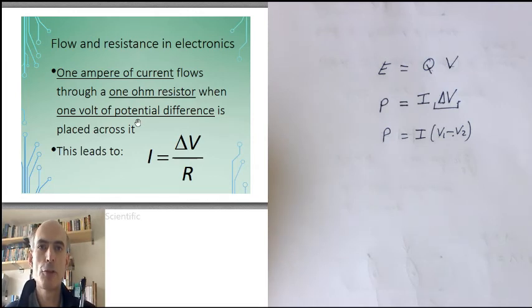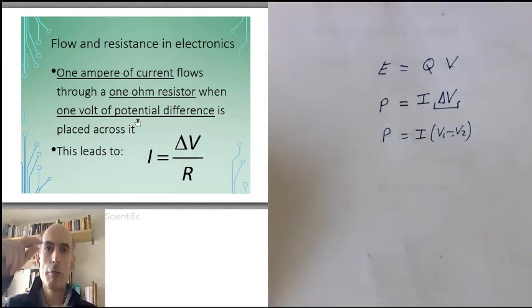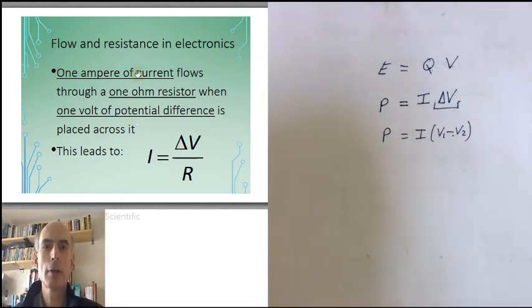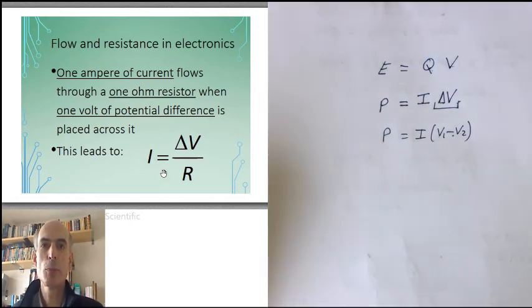It's the resistance such that if there's 1 volt across it, 1 ampere of current will flow. And from that we can get the very famous equation, which I'll talk more about later, called Ohm's law. The current is equal to the potential difference across the resistor divided by the resistance of the resistor. And remember, a resistor works like a very narrow pipe.